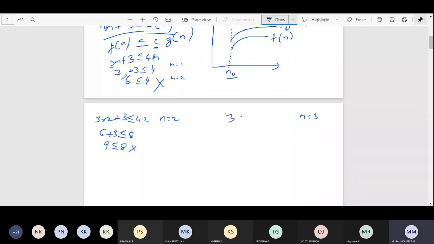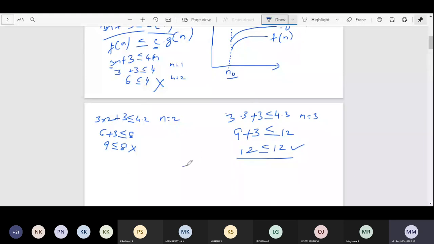So 3 into 3, 9, plus 3 is less than or equal to 4 into 3, 12. What is 9 plus 3? 12 is less than or equal to 12. Is it satisfying? Yes, it is satisfying.